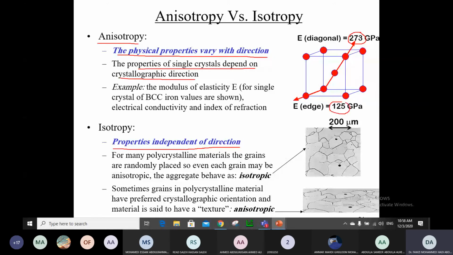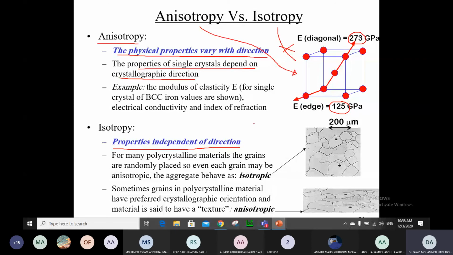This is 125 gigapascals. So why is it different? Well, because you have different bondings there. There are 3 bonds here. There are 2 bonds here. This is what we refer to as anisotropy. The physical properties differ with direction, and that is what we refer to as anisotropy.